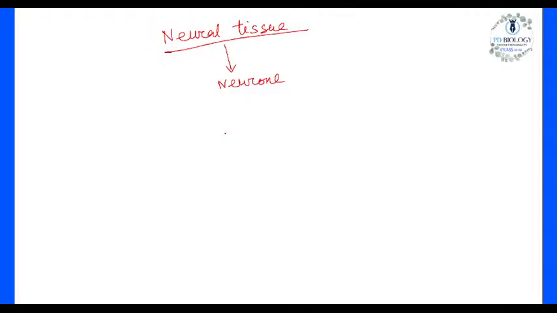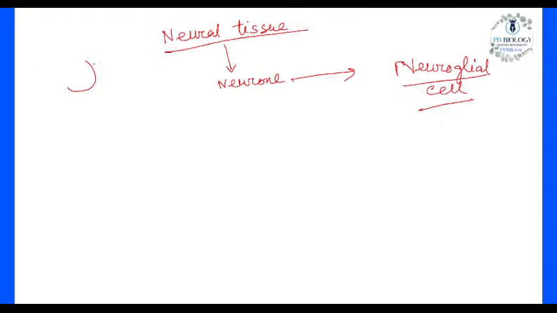It carries the impulse, and the neurons are protected and supported by the neuroglial cells. Neuroglia make up more than half of the volume of the neural tissue.